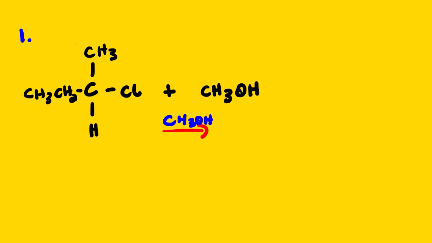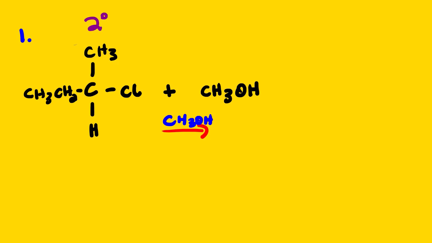Remember, the first step is to look at the substrate. We can see that the leaving group is attached to the carbon, which is attached to 2 other carbons. Then it makes this a secondary alkyl halide. So we are done with the first step.